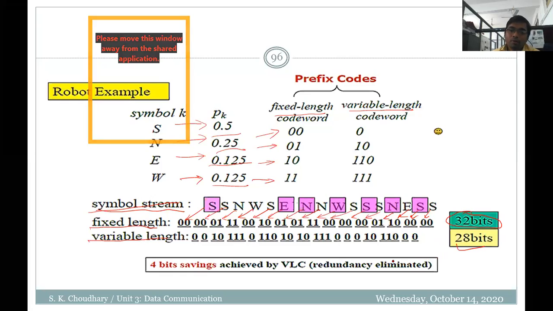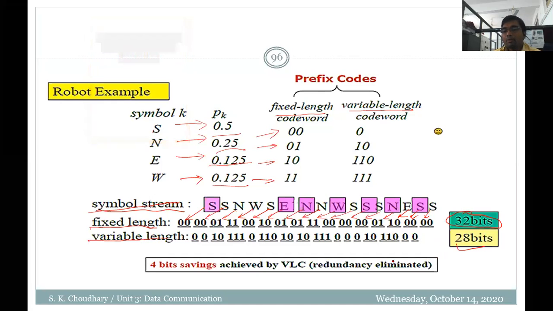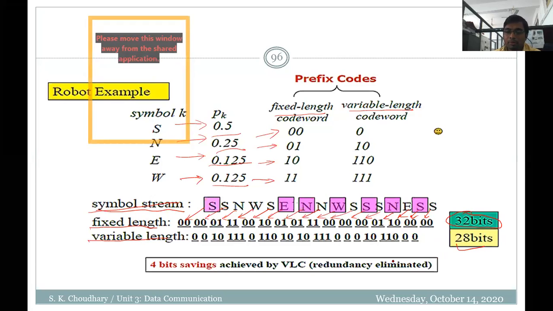Means what? When you use the variable length code as compared to the fixed length code, it saves your data. It takes less amount of bits to encode the information, and here you are going to save 4 bits by using the variable length coding technique.